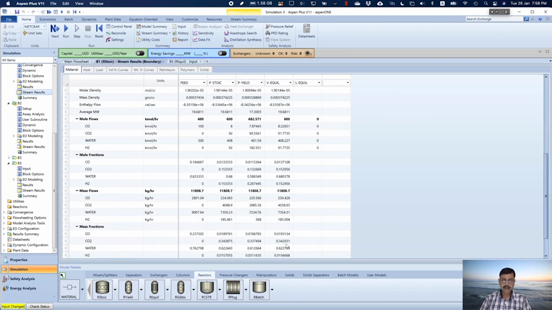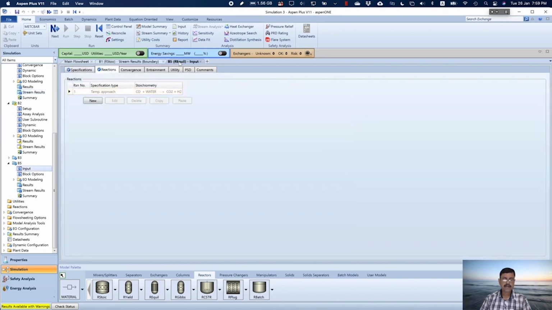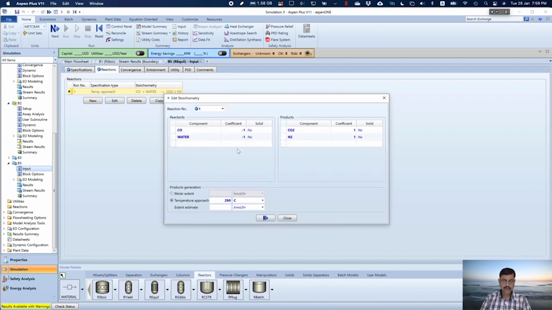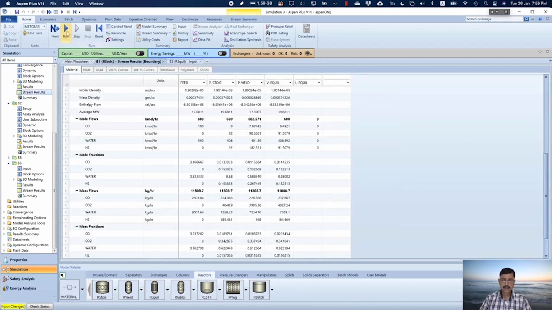If we run and see what happens, it decreases. If we make a higher temperature, then the value decreases, and if we take a lower temperature, obviously it will increase. So if we take, instead of 253, 240, then definitely this will increase.